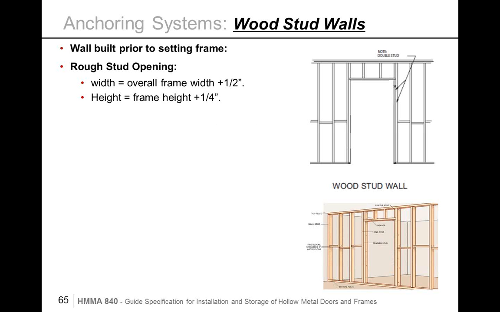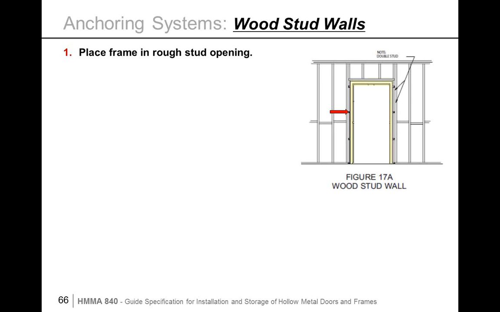In this application, the rough opening is more critical than in steel stud walls. It is very similar in sizing to the existing wall opening, in that the width of the opening is the return-to-return overall frame width plus a ½ inch. The height is plus a ¼ of an inch, so the frame can slide into the opening.